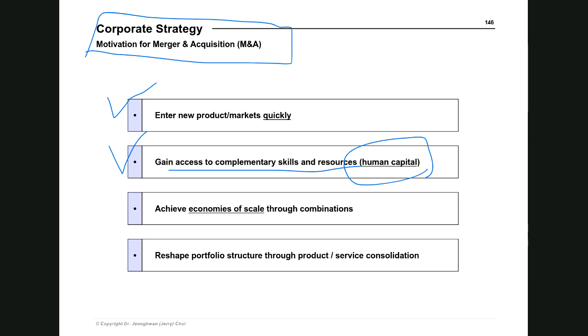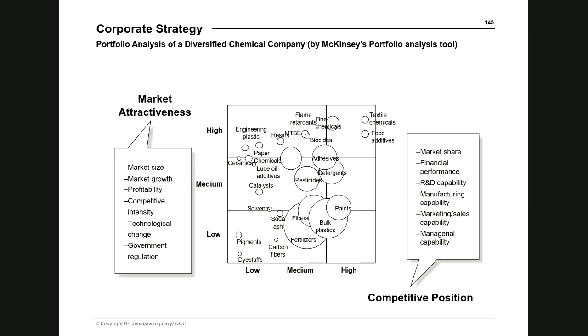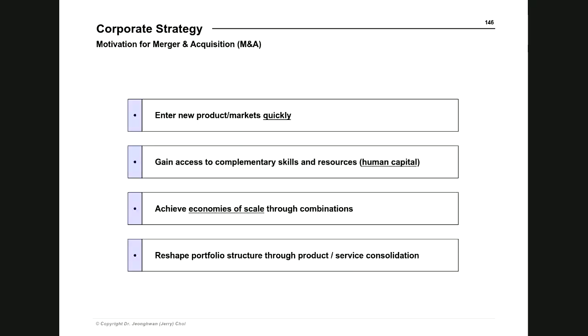Okay, good. And the third one is to achieve economies of scale through the combination. Economy of scale: we don't need to duplicate something. Cost reduction, and reshape the portfolio structure through product and service consolidation. Dow Chemical plus BASF, they merge and then kill many duplicated businesses in order to reduce the cost.